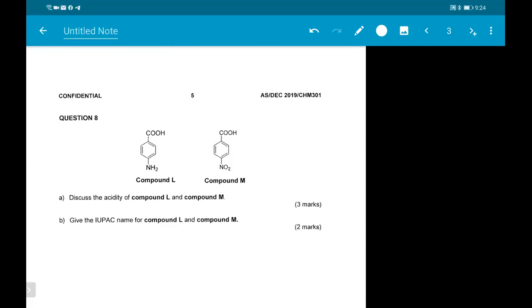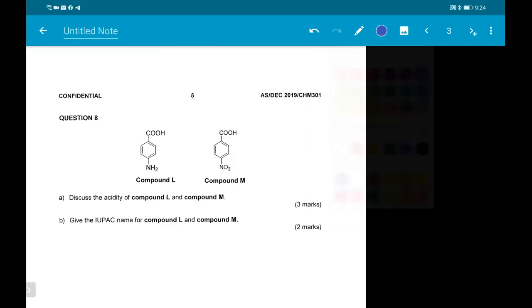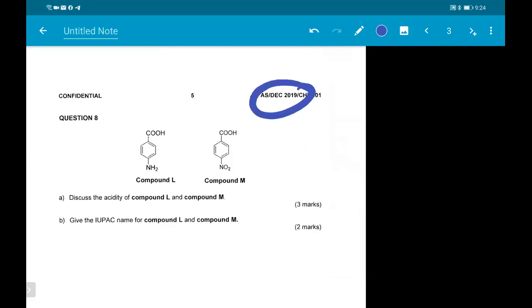Okay, for instance, this was taken from, as I mentioned just now, December 2019. The first question discusses the acidity of compound L and compound M. Okay, we're not going to discuss this.